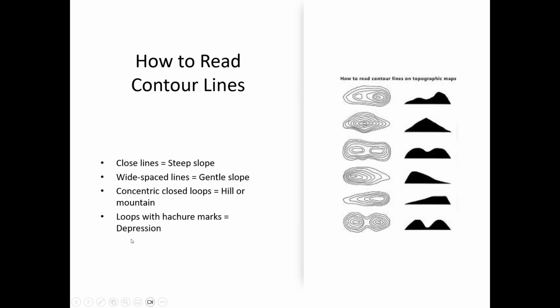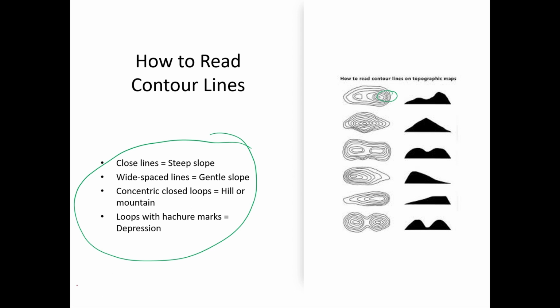All right, next up we have how to read the contour lines. I talked about this a little bit earlier, but essentially you basically want to memorize this. Whenever you see close lines, like you would see over here, that means you have some sort of a steep slope.